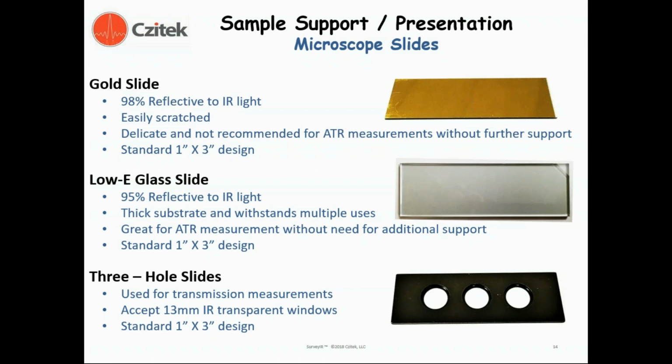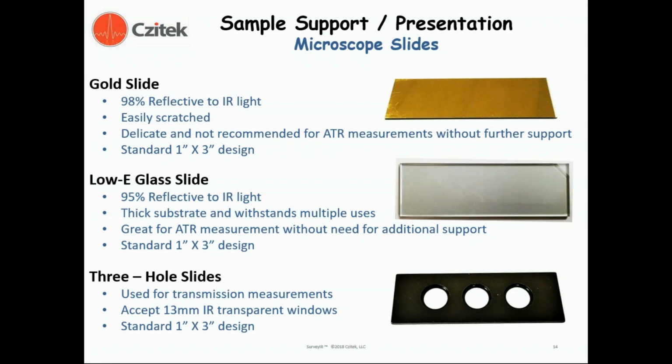What I'm showing you on this slide are a couple of substrates that are useful for infrared measurement. The first is a glass microscope slide, which is actually more than 99% reflective to IR light. This can be used for samples that are fairly thin, or samples that are deposited from solution onto the substrate.